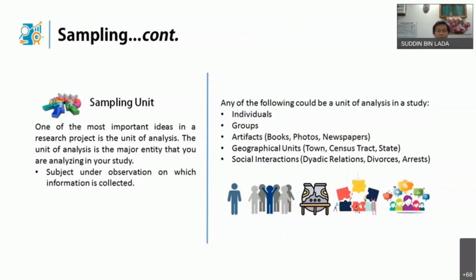Sampling unit. This is very critical and also very related to your study area. Let's say, for instance, now I'm interested to study the effect of COVID-19 based on the marketing perspective. So the question is, siapa responden kamu? I can go for individuals, could be the customers, or the managers, or the employees of the company.